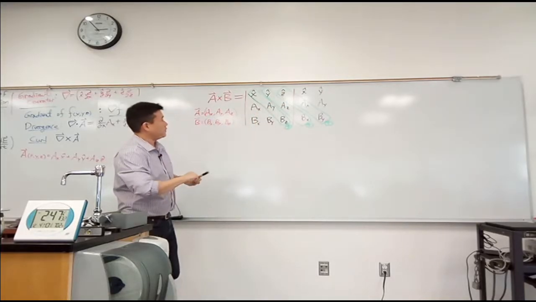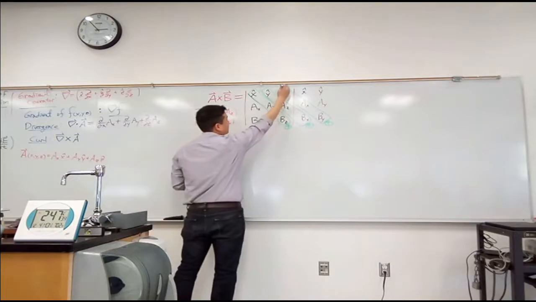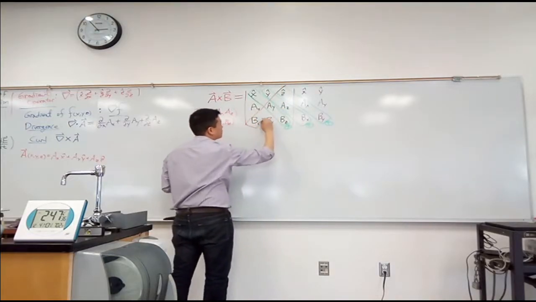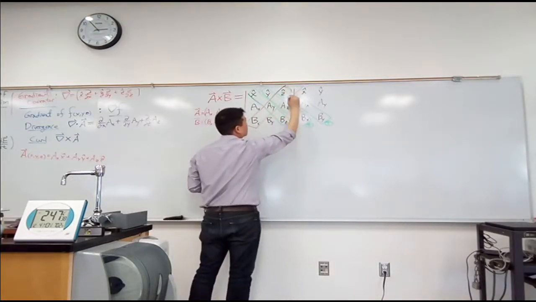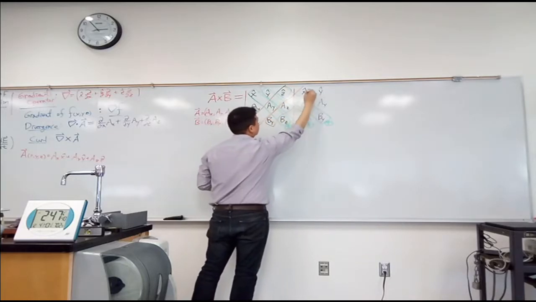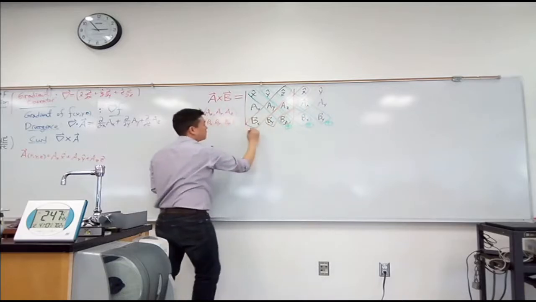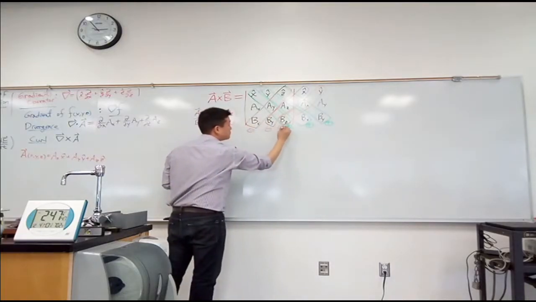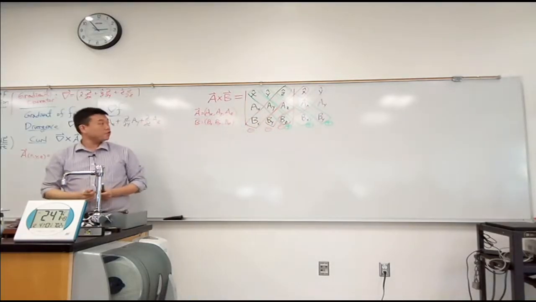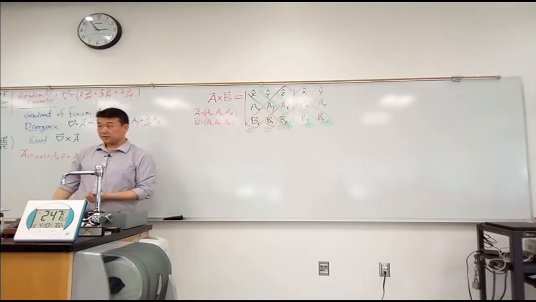So these are the 3 diagonal groupings going down to the left. And with these terms, you associate a minus sign. So there's going to be a total of 6 terms.